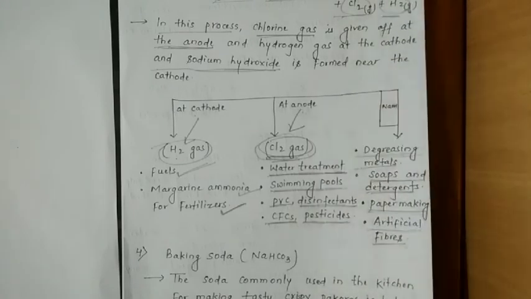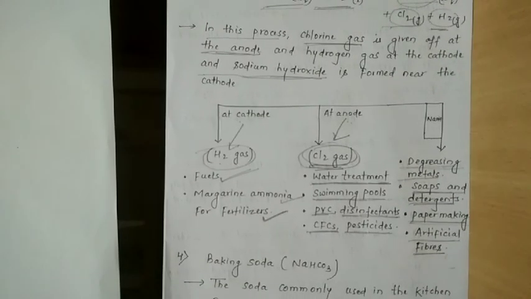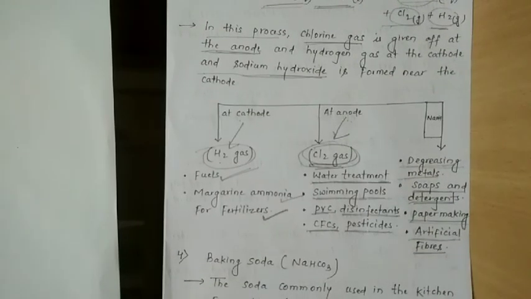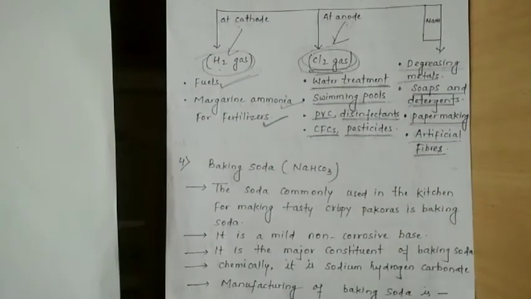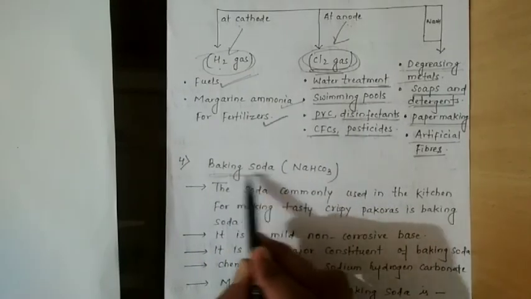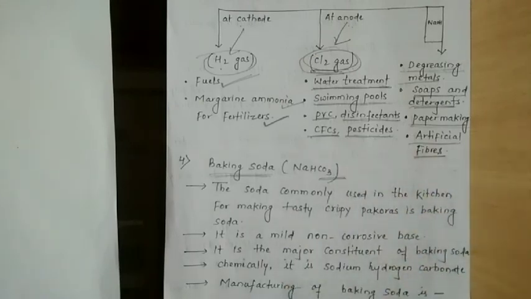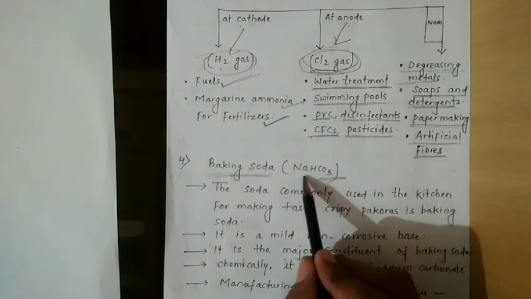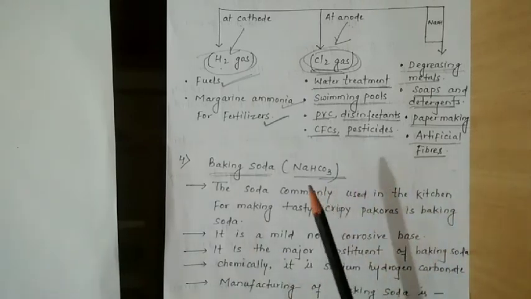Then coming to the next compound, which is widely used as baking soda. Baking soda is the common name of this compound. This compound is also known as sodium hydrogen carbonate, and its chemical formula is NaHCO3.